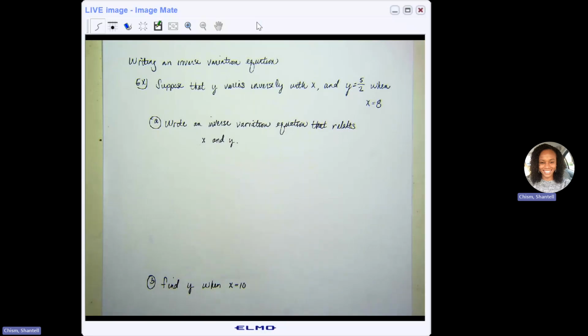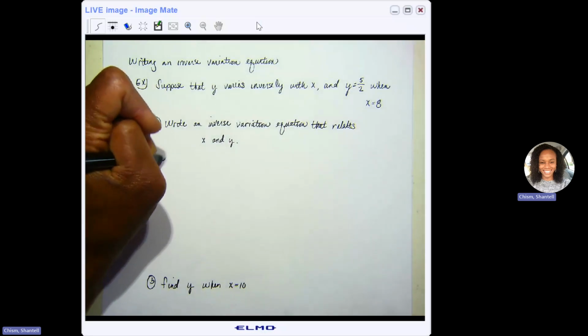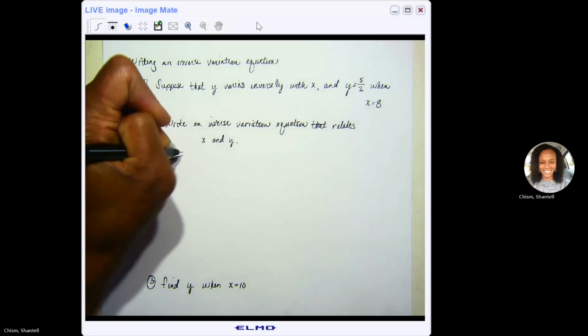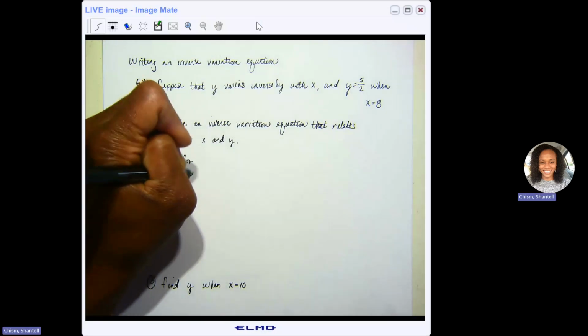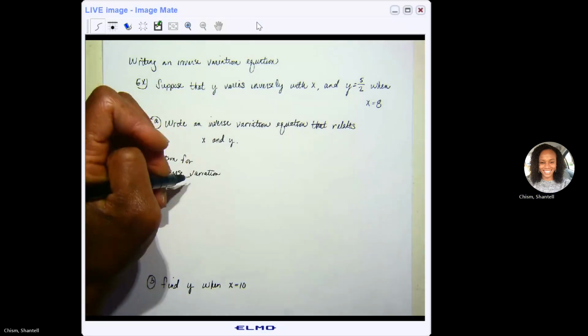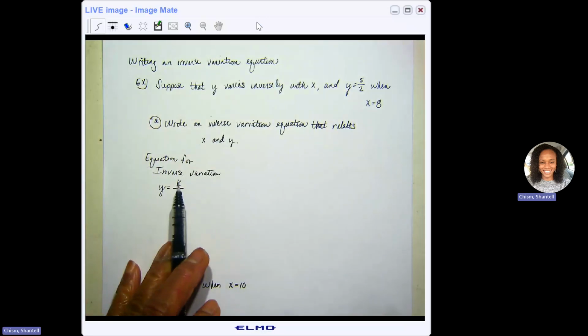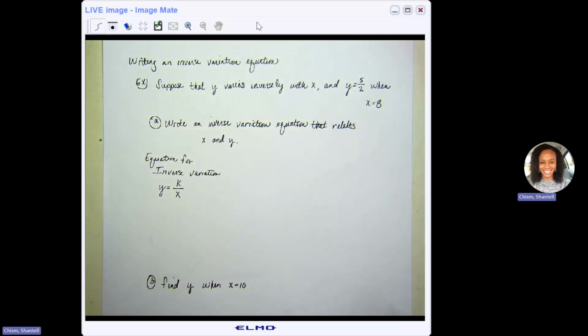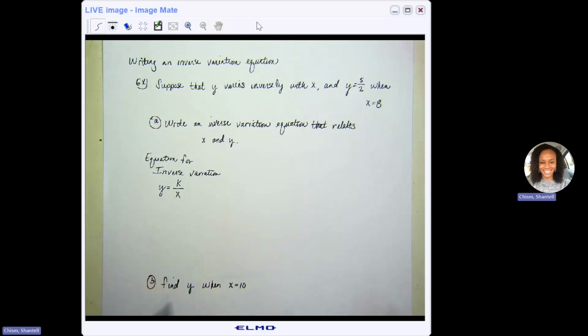So when this is the case, we have the equation for inverse variation. It is y equals k over x. So it's y is equal to a ratio of k over x when it's inverse. And when it's direct, it's y equals k times x. Okay, but inverse is y equals k over x, or k divided by x.